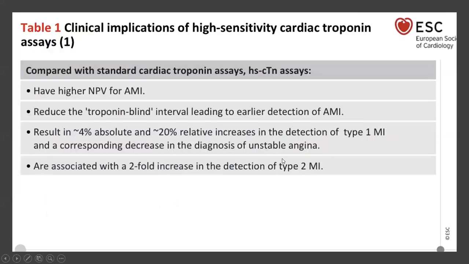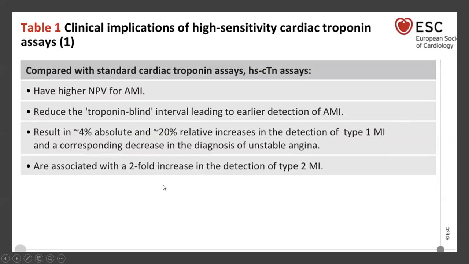So high sensitivity cardiac troponins, that's what's actually been emphasized quite a lot in the new guidelines. They have a higher diagnostic rate for an acute myocardial infarction. They do reduce the troponin blind interval, leading to an earlier detection of acute myocardial infarction.